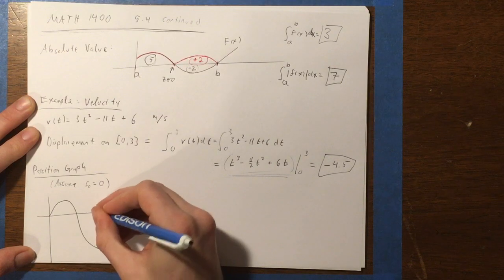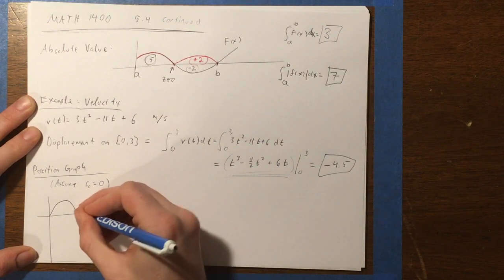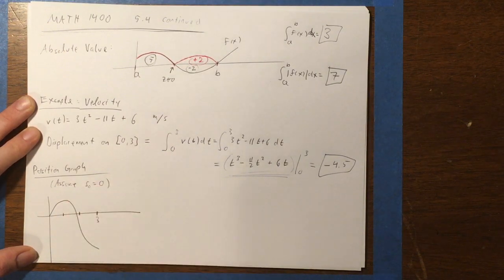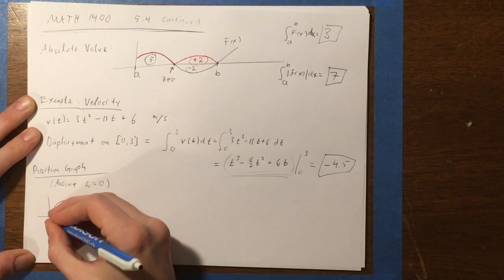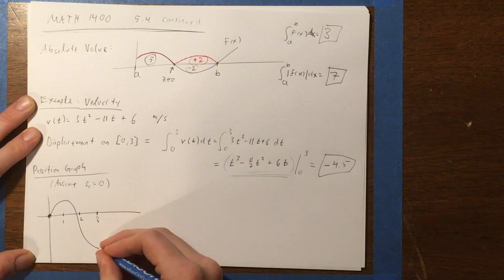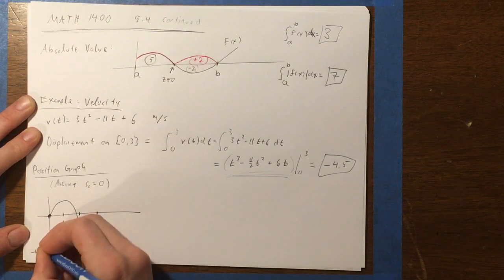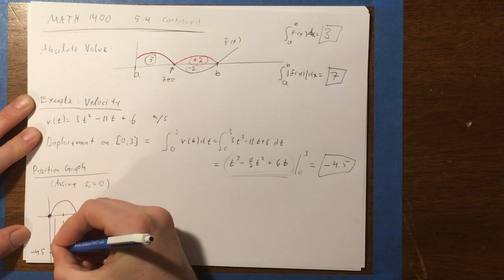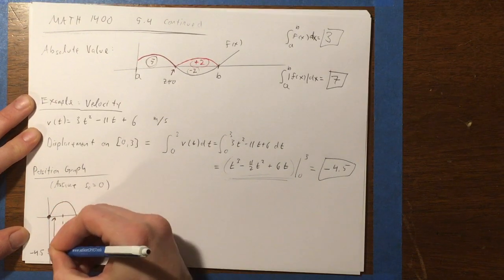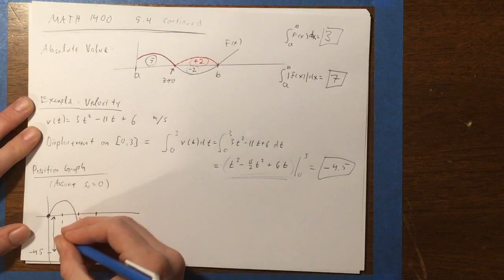Where this is right here is 3 seconds, then 2 seconds is approximately here, and 1 second is there. So 1, 2, 3. Starting position at 0, ending position is down here at -4.5. So this distance between the starting position and the ending position is what we call our displacement.